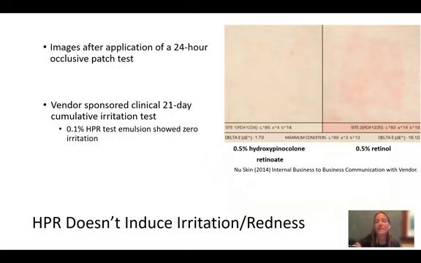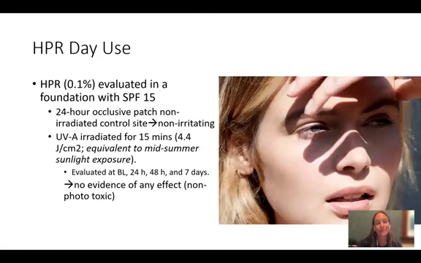And this is comparing the amount of irritation of the 0.5% HPR to a 0.5% retinol. And again, if you think back to our inverted triangle, the retinoic acid ester is here. You've got the retinol and then the retinaldehyde. So again, we're getting less irritation down here, but we're getting a more active form of the retinoid at the same time, which is just exactly what we want, right?